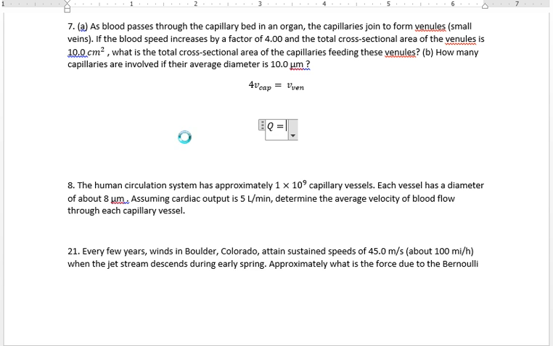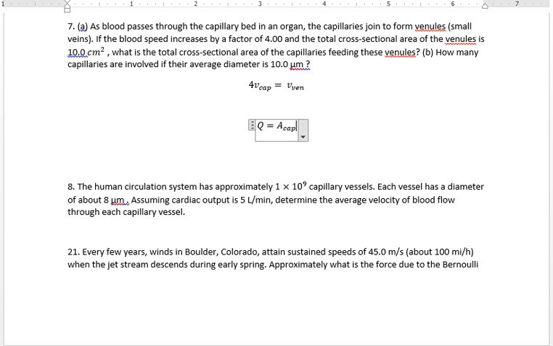And the flow rate is the area times the velocity, which equals the area of the venules times the velocity of the venules. The flow rate is the same for both of these. And we can write the velocity of the venules as 4 times the velocity of the capillaries.